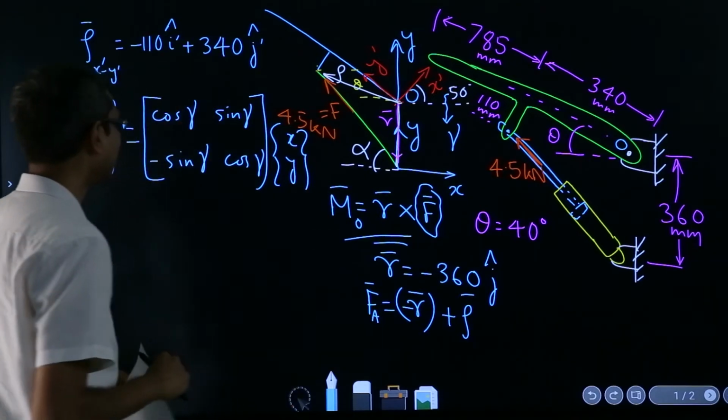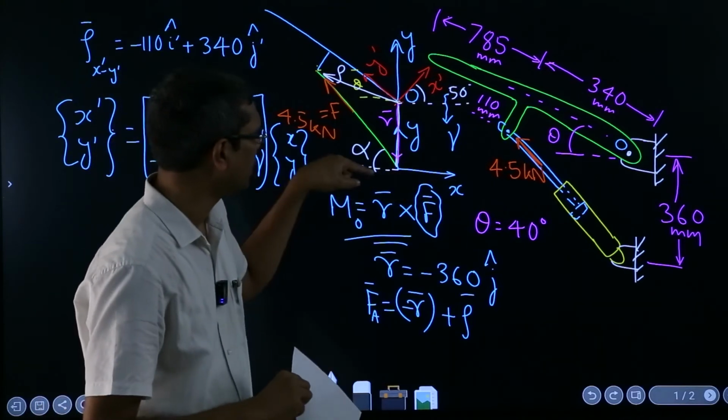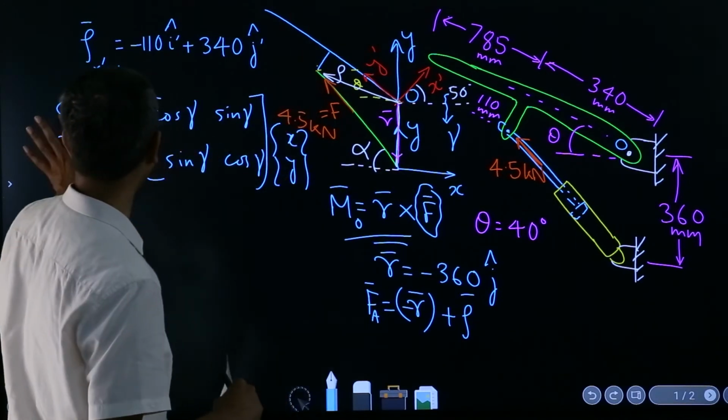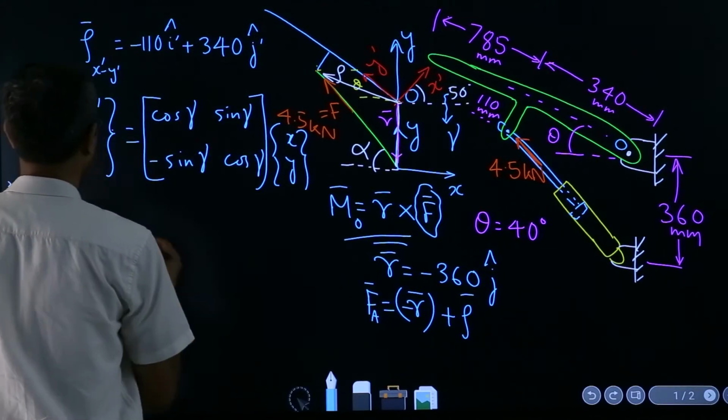So this is how you can calculate if you know the coordinates in the xy frame coordinate system. Their coordinate in x prime y prime can be figured out from this, which I call the rotation matrix.